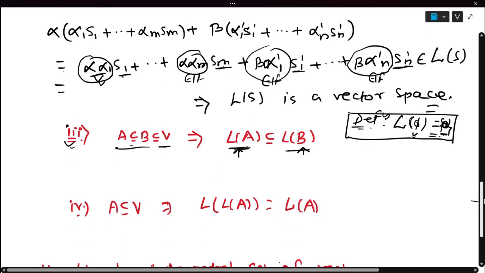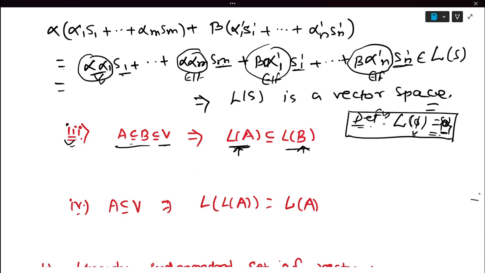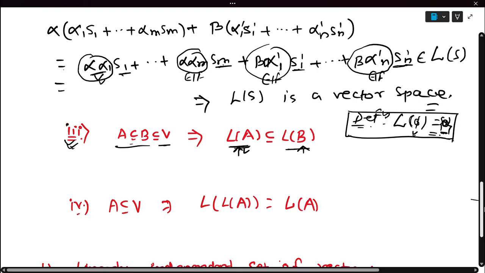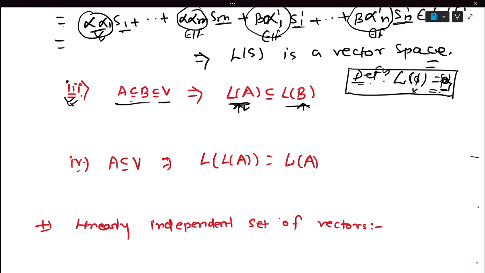Okay, so take any element of L of A and show it is in L of B. It is easy to prove. I think you people will prove it. Otherwise, I will prove it in the next lecture. This is also very easy to prove.